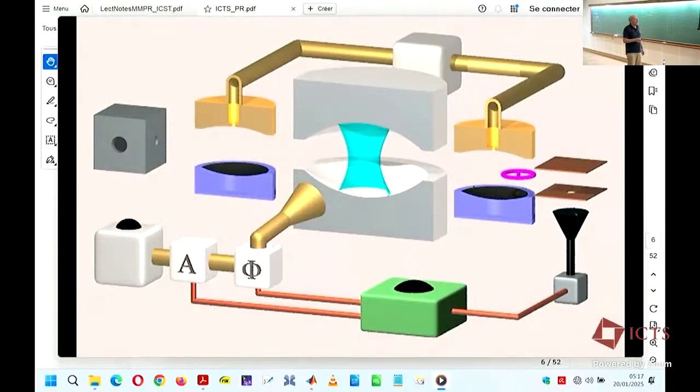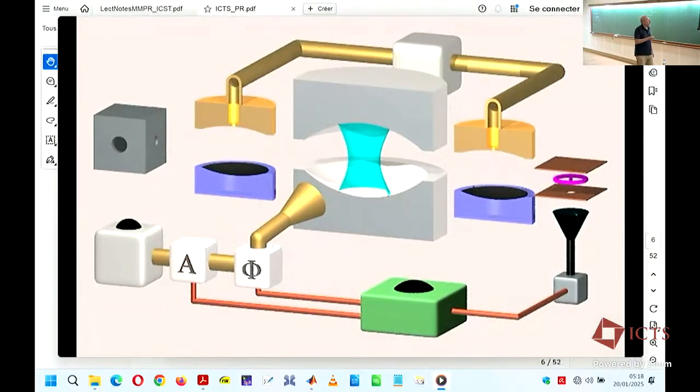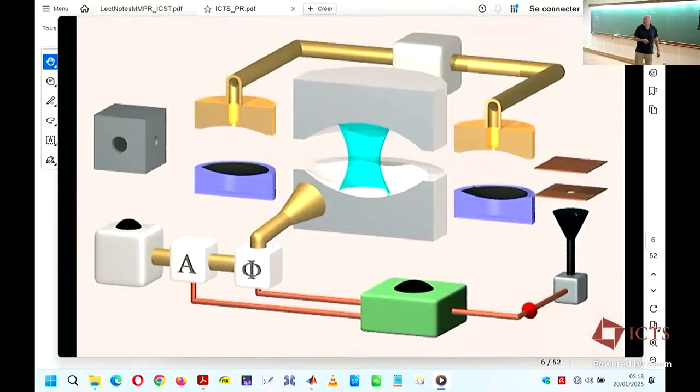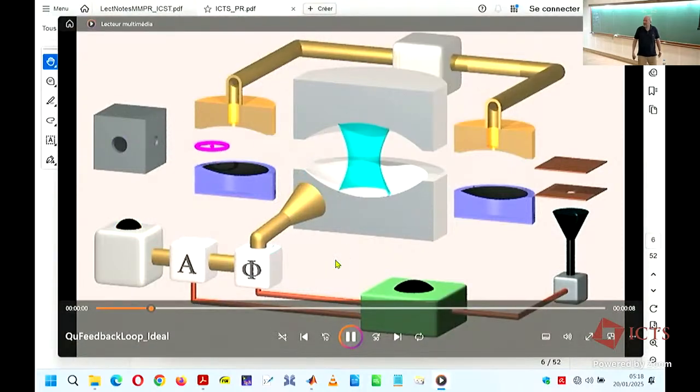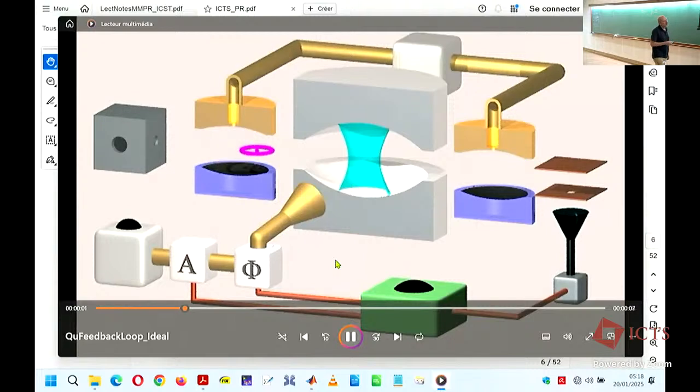You do something, and here you do some feedback, by sending to the photons a certain coherent pulse, with a certain amplitude and a certain phase. And you have a goal in your control. So I will detail most of the time the relation between these things, and a little bit the feedback scheme.